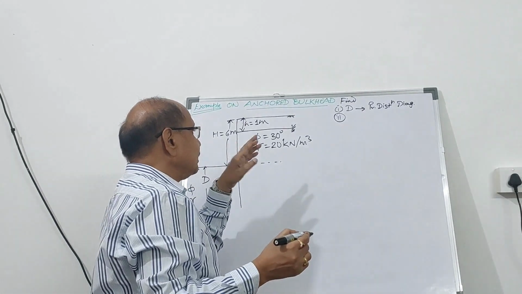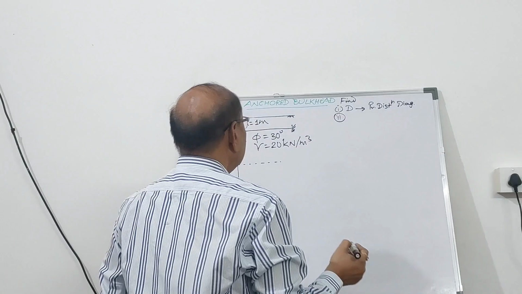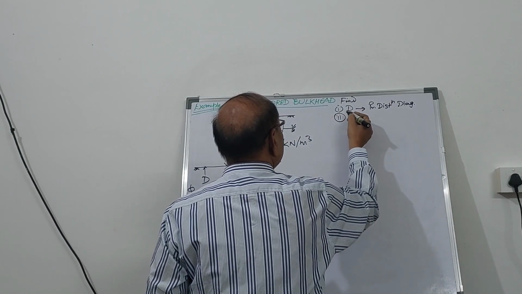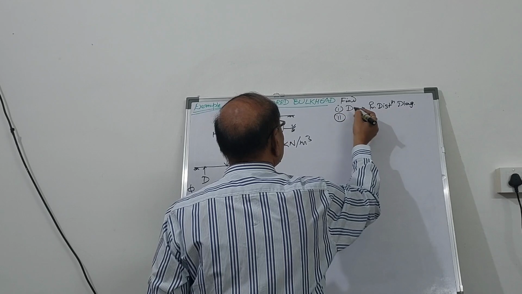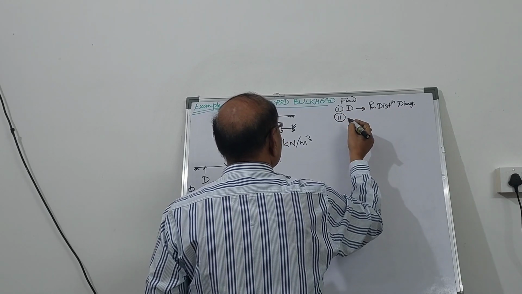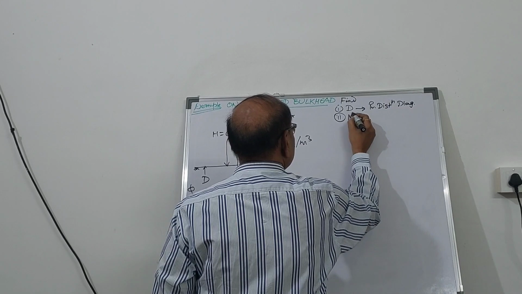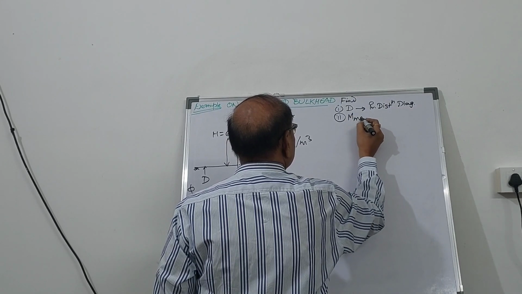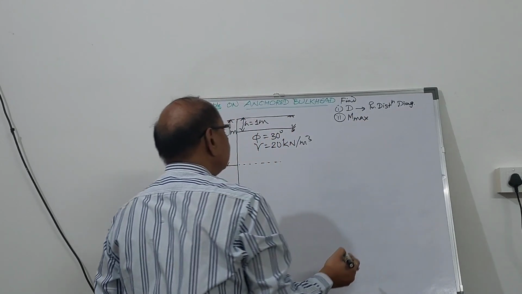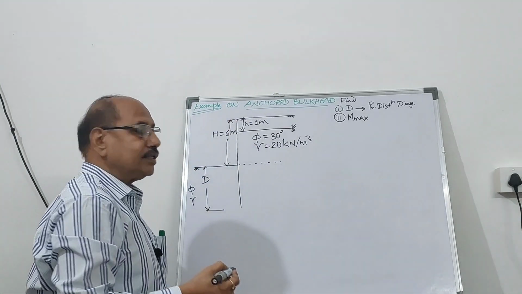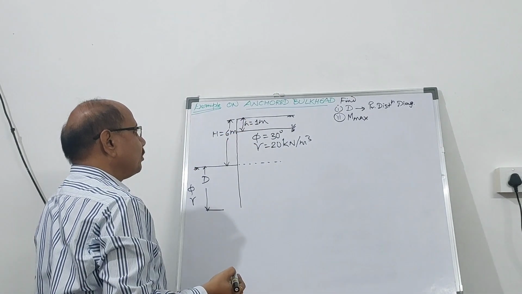So pressure distribution diagram can be drawn very easily, and from the pressure distribution diagram you can find out this, and also you need to find out the maximum moment across the length or height of the sheet pile.